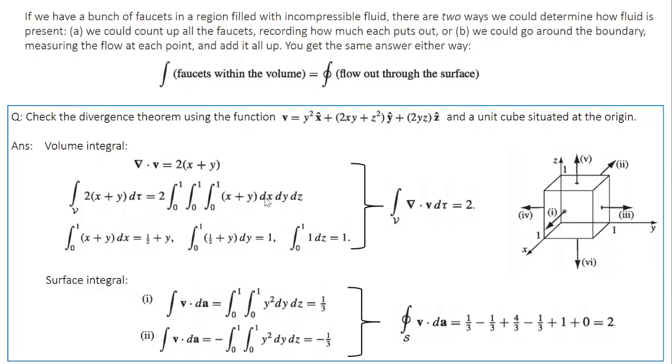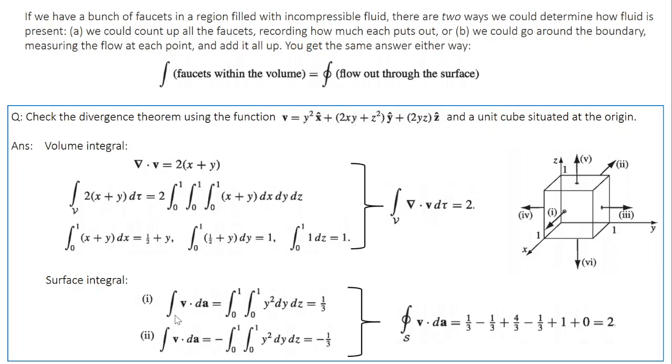Now substitute the value here. Then do the integral of the y component: 0 to 1 of (half plus y) dy. It's equal to 1. Substitute the value here, then finally calculate the z integral. So this becomes 1. So the total volume integral is 2 multiplied by 1, which is 2.